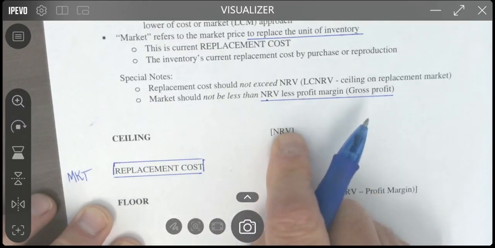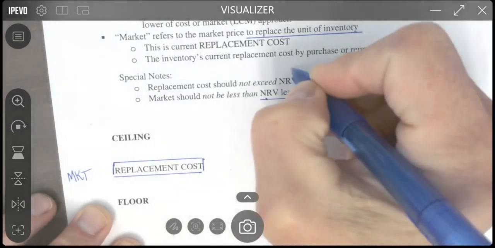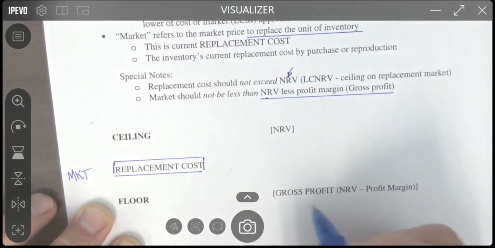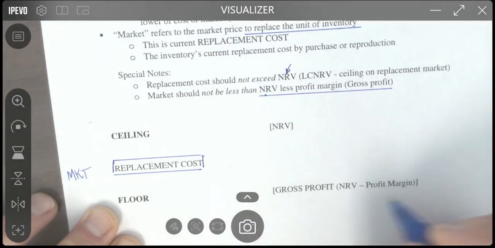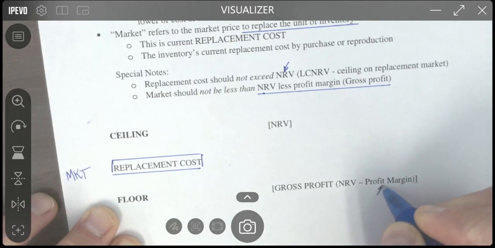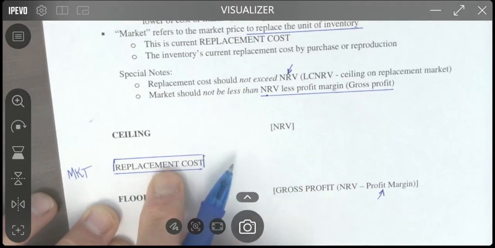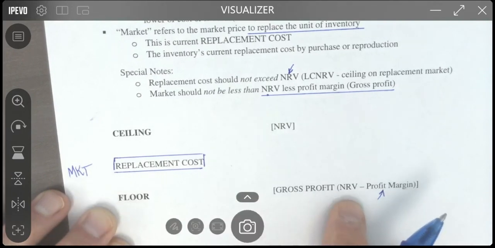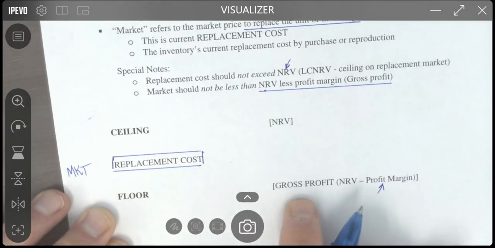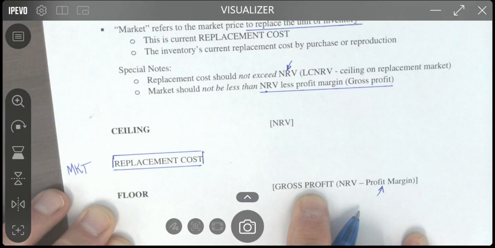And the ceiling is the net realizable value, and the floor is the gross profit, net realizable value less profit margin. So if the replacement cost is less than this amount, you'll use gross profit.